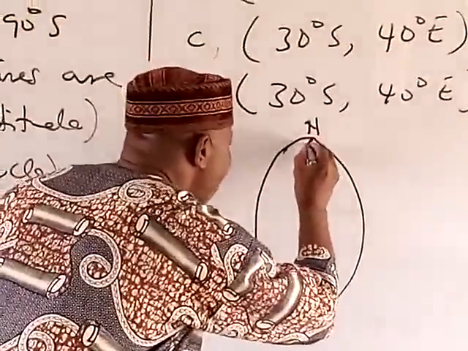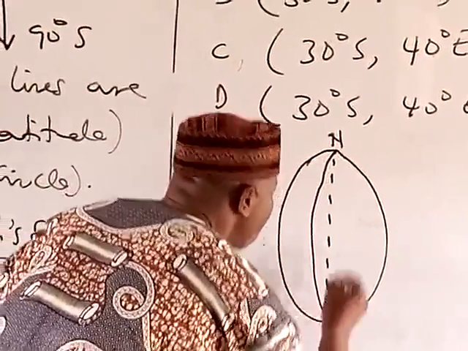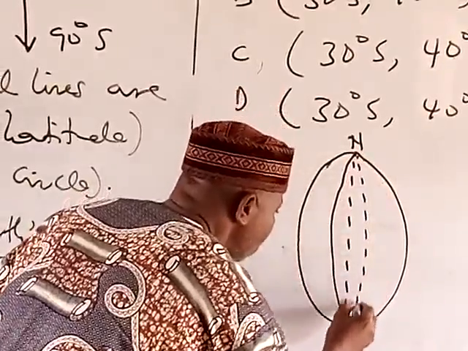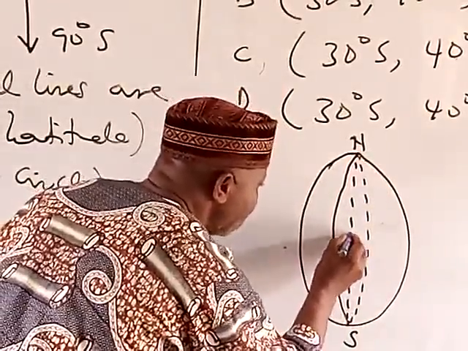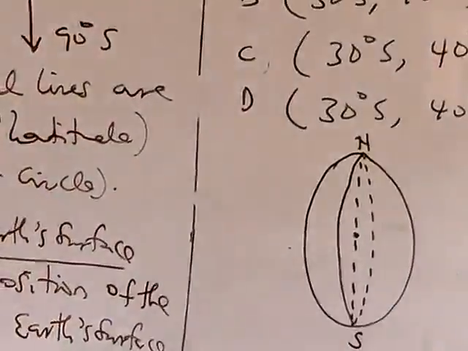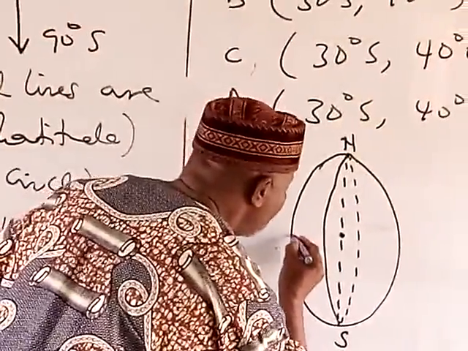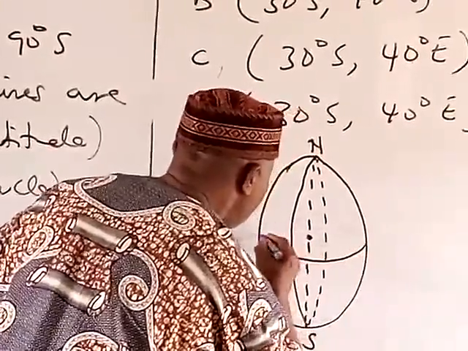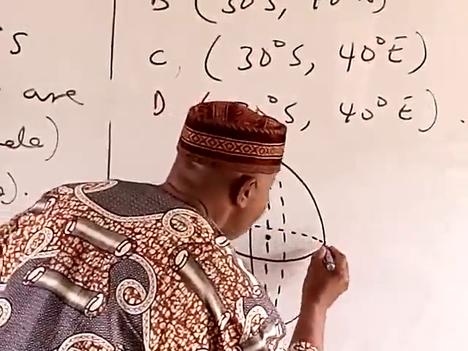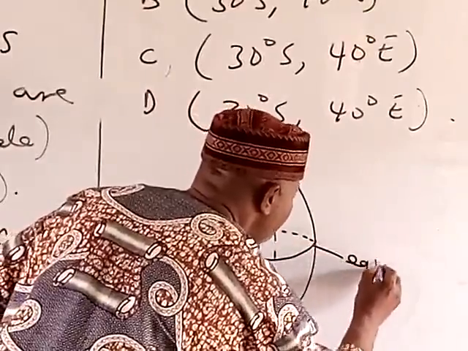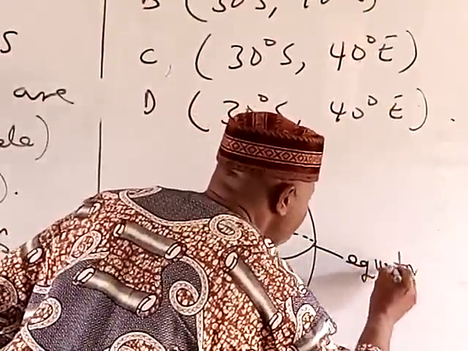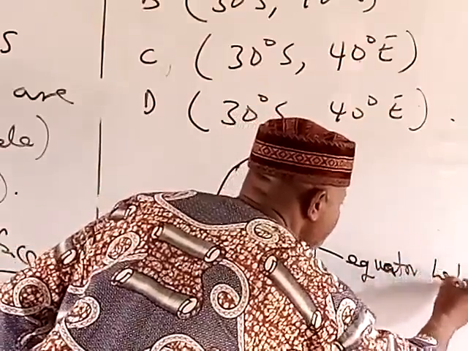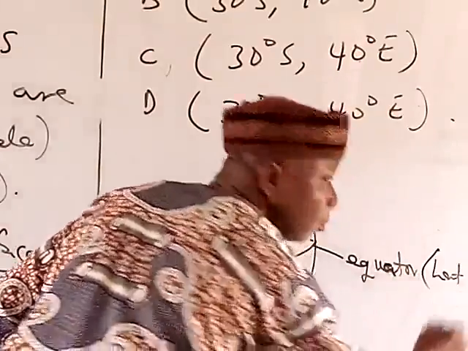You have your meridian, that's your meridian, the center of the heart, and you have your equator. This is your equator. That's latitude 0 degrees.